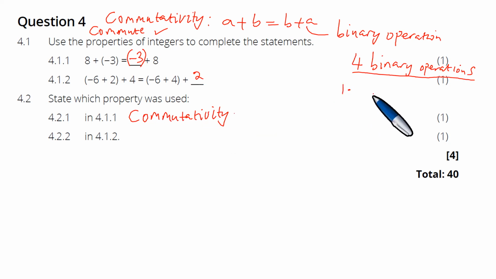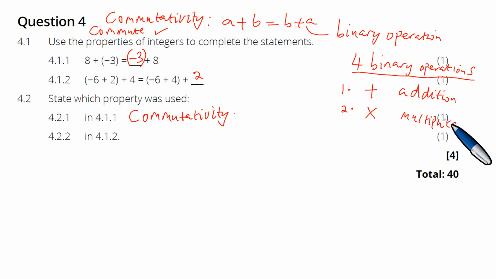The first binary operation is called the plus sign. The next binary operation that we learn is actually multiplication. The plus is called addition. This one is called multiplication.